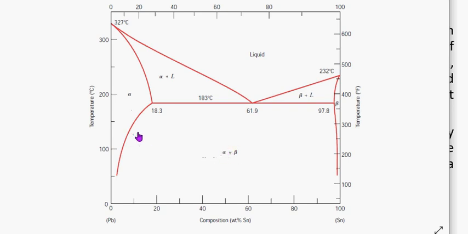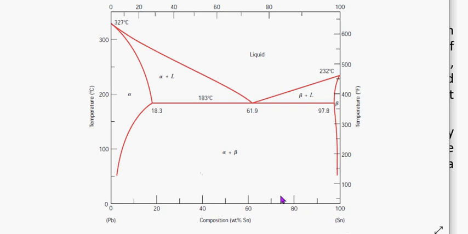So beta will begin to form. During this cooling, if care is not properly taken, and depending on the two materials, lead and tin, they have differences in their densities.